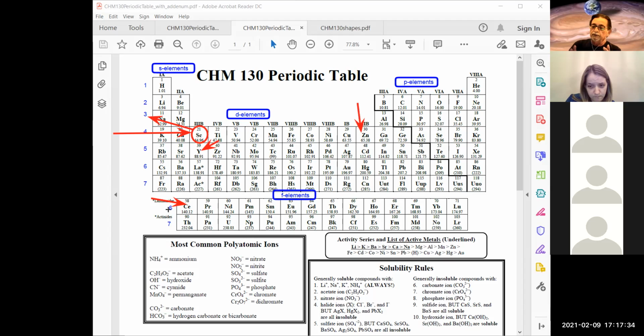For the F orbits, they begin 2 energy levels in from the period they're in, so it would be 4F rather than 6F. But you don't need to worry about them until you hit element number 58. Other than that, if you're not at element 58, then you don't worry about the F's, because you're simply not at that element.